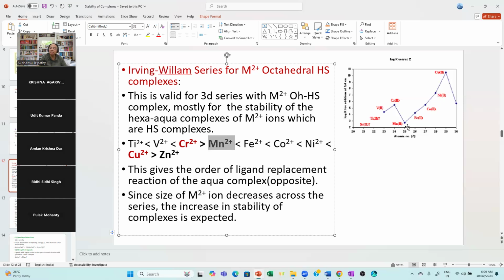And you know, vanadium 2 plus should be at the top because of D3 configuration, I mean, should be at the hump. So it has got a CFSE stability factor. In all these considerations, the size factor is not helping manganese 2 plus much, and therefore you are getting the minimum stability of aqua complex for manganese 2 plus.